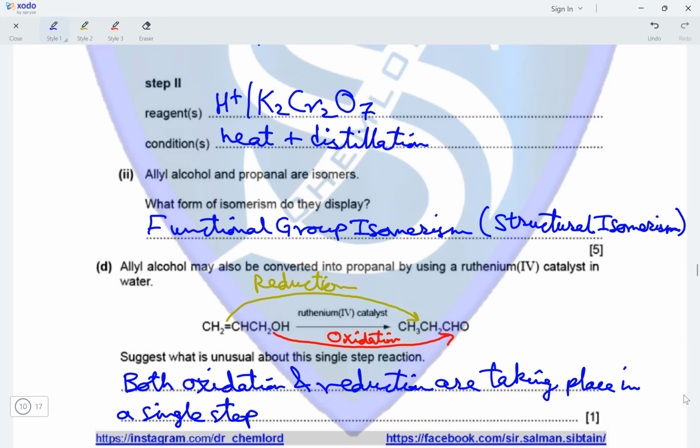So we can also call this a disproportionation reaction. A disproportionation reaction occurs because the same species is being oxidized and reduced in the given reaction.